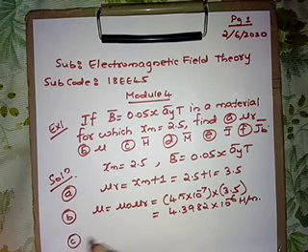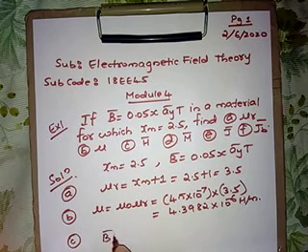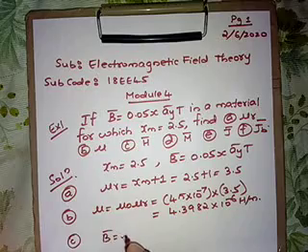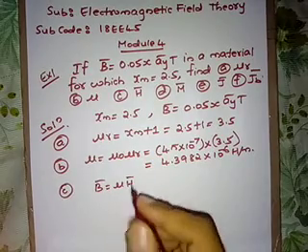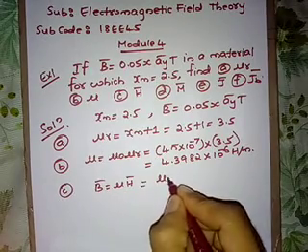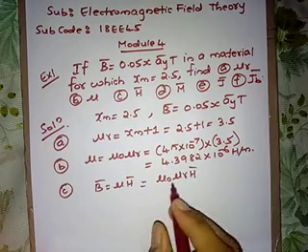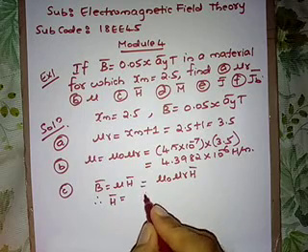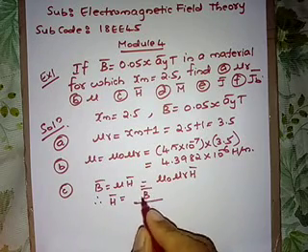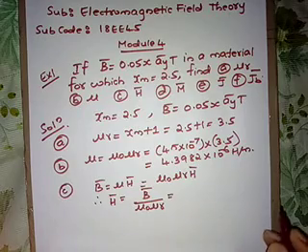C, magnetic flux density is given by B bar is equal to mu into H bar. That is nothing but mu naught mu_r into H bar. Therefore H bar will be equal to B bar divided by mu naught mu_r.